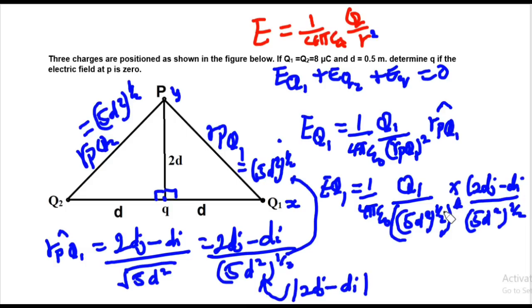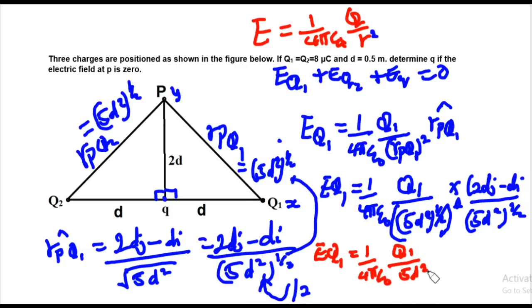So we have that EQ1 will be 1 upon 4 pi epsilon 0, we have Q1 upon 5D square times 2DG minus DI upon 5D square to the power of half. So this will be the expression for the electric field due to Q1.